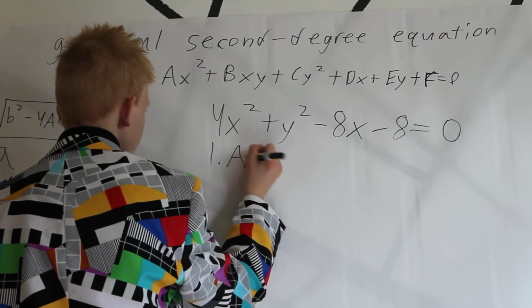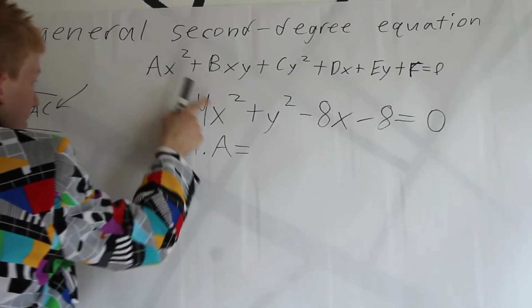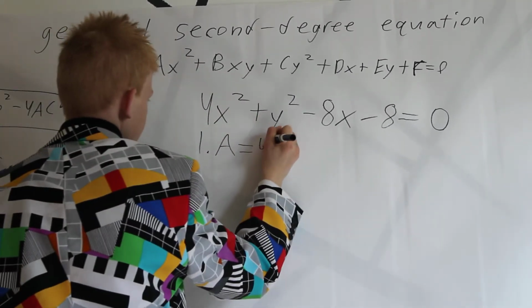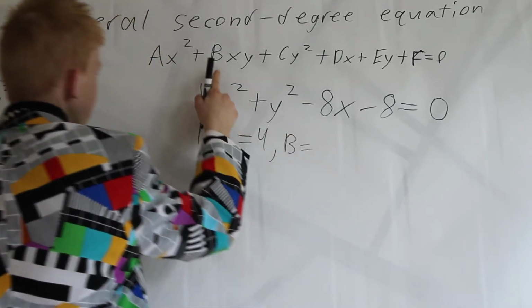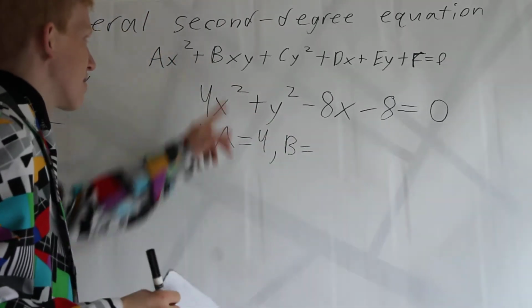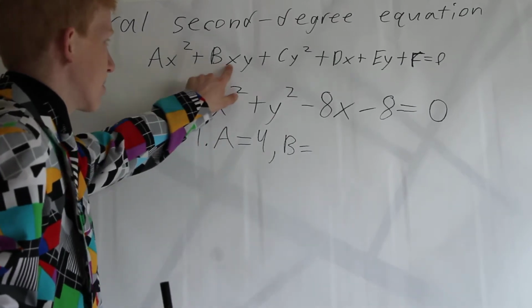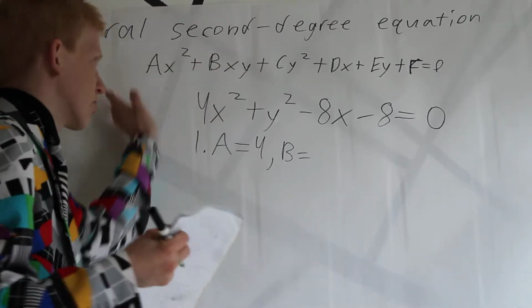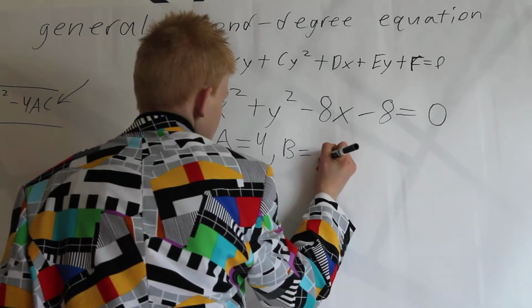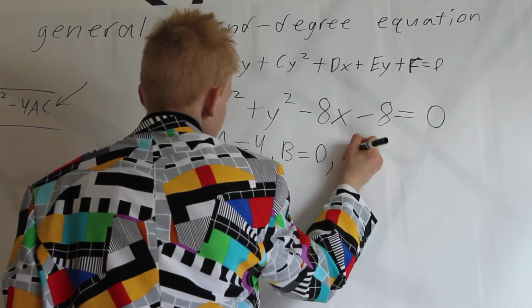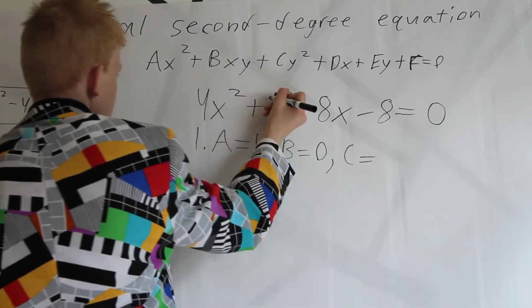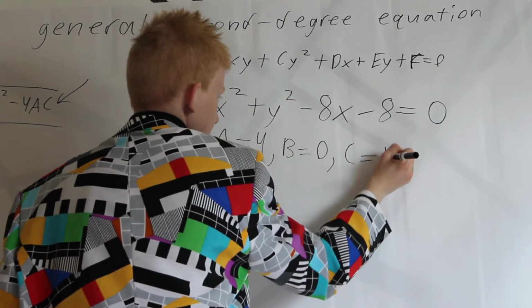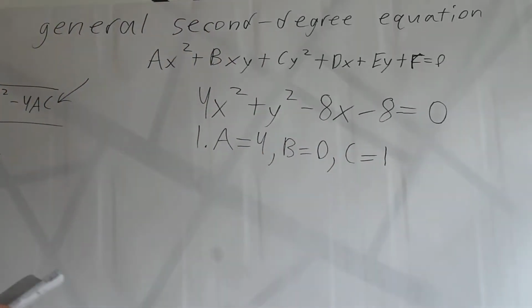So a equals 4. Look at that. B equals, wait a minute, but there is no xy, so that means that b is equaling 0, because 0 times x times y is 0, so they didn't even write it down. So b equals 0, and then we need to get c as well. C equals 1, because you can put 1 right here. C equals 1. So we have our a, our b, and our c.